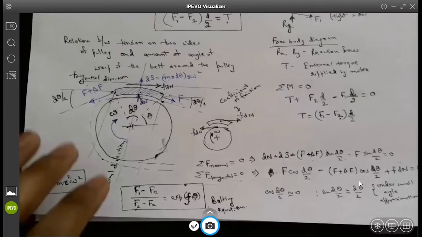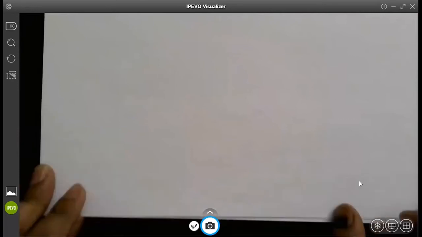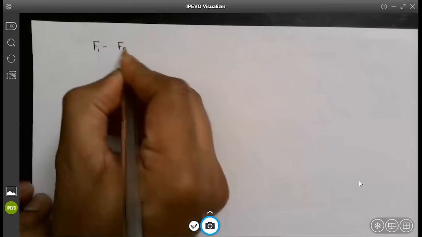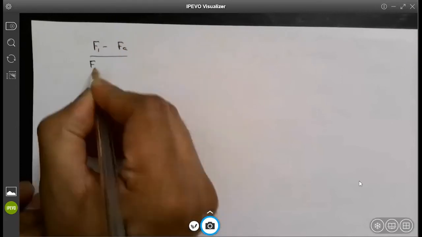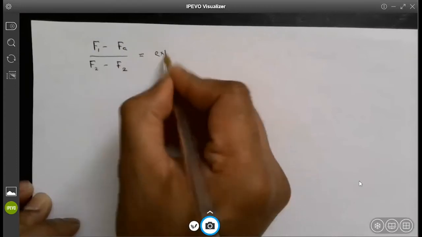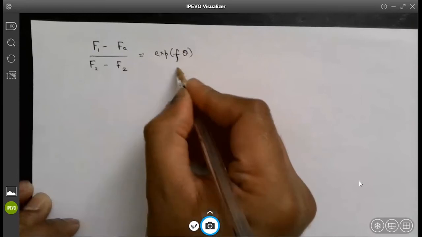Assuming there are no other questions, let me work on this and show you how to use that equation for your design calculations. What you actually get is what we call the belting equation: F1 minus Fc divided by F2 minus Fc equals exponential f times theta. f is your coefficient of friction.